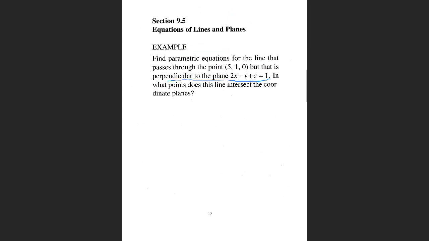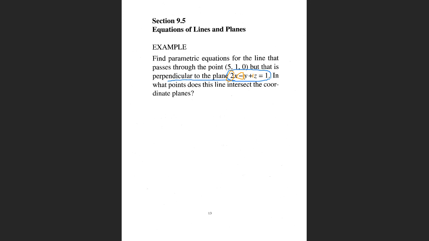So the direction of the line is determined by the plane. In fact, you're going to learn that the coefficients of x, y, and z, so that would be 2, -1, and 1, will determine the direction of the line.